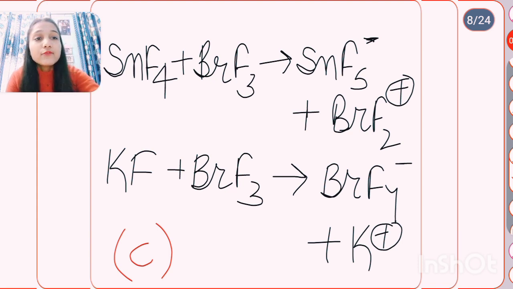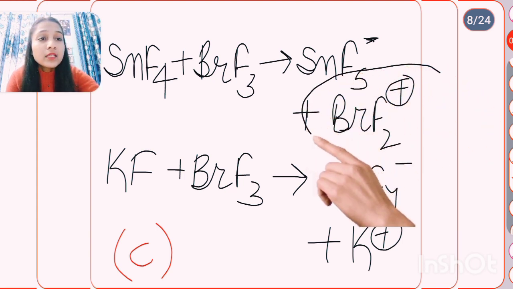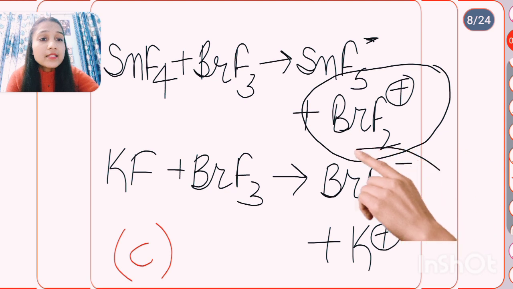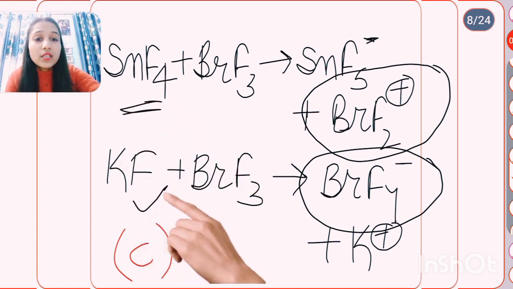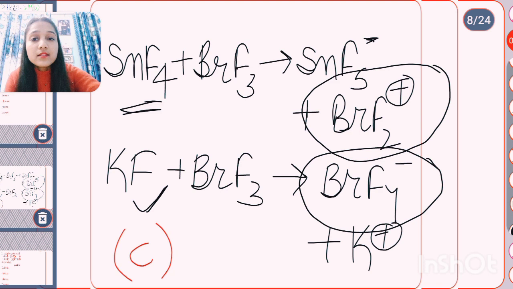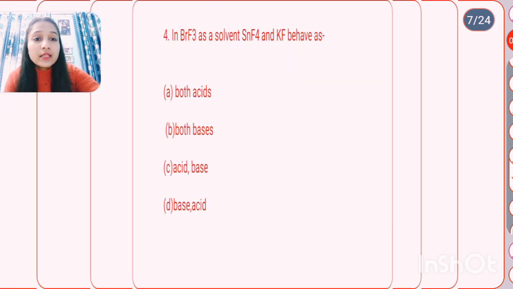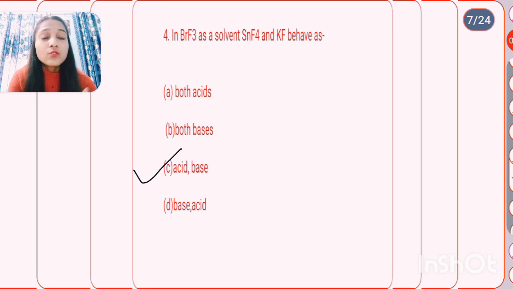So SnF4 gives solvent cation, this is the solvent cation, and this is the solvent anion. So in the first case it behaves as an acid, and this one behaves as a base. So our correct answer is answer number C, that is acid and base, because SnF4 gives solvent cation and KF gives solvent anion. So they respectively behave as an acid and a base.